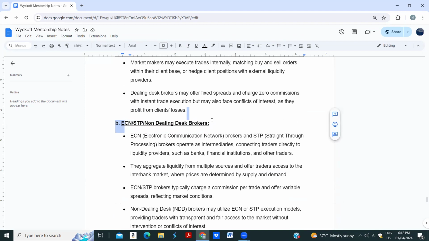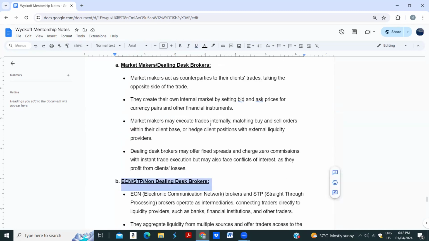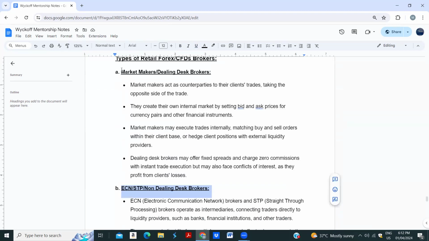They always reflect the true market conditions. So that is why ECN and STP or non-dealing desk brokers are always the best brokers to choose from. I advise that a trader must avoid trading with a market maker or a dealing desk broker. They must avoid these types of brokers at any cost.